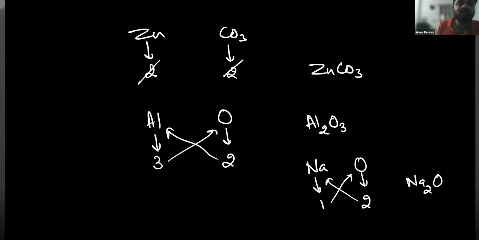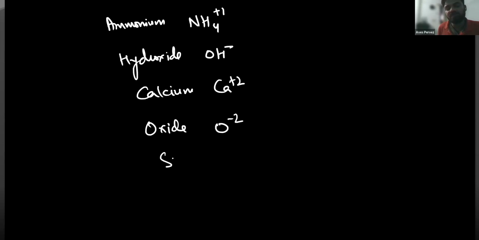I'm just going to write some of the important ones here. Ammonium is NH4+. Hydroxide is OH-. Calcium is Ca2+. Oxide is O2-. Sulfate is SO4 2-.